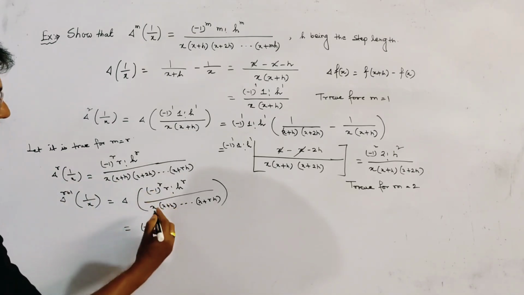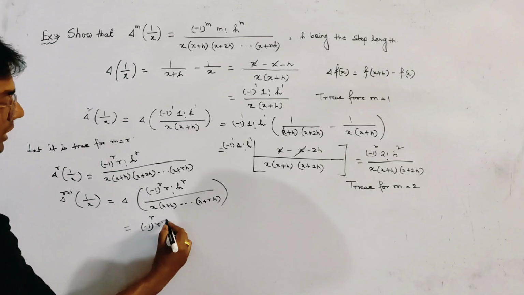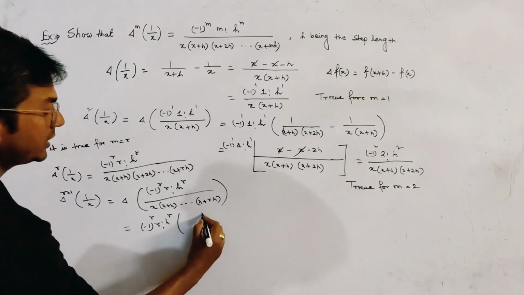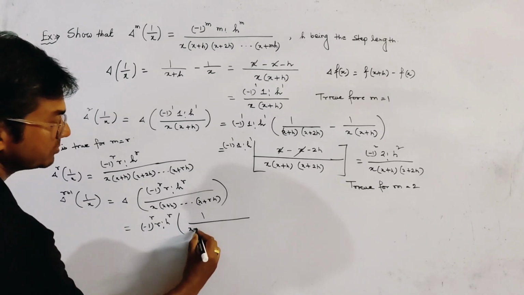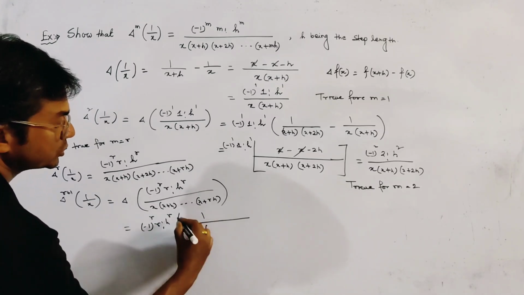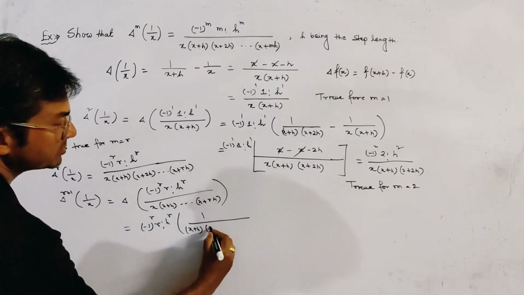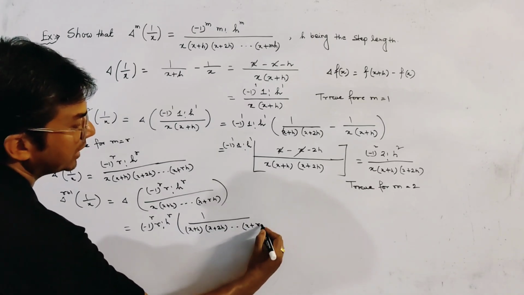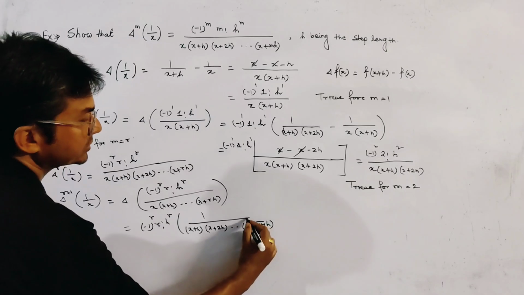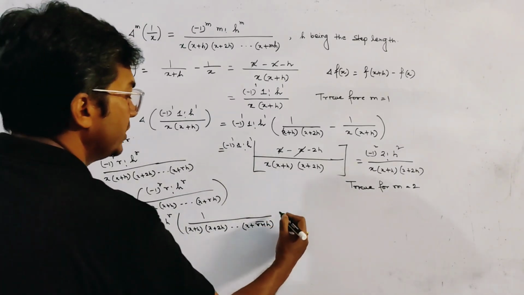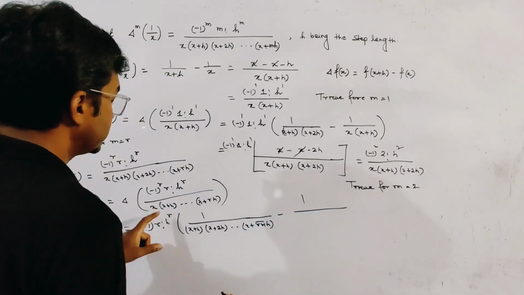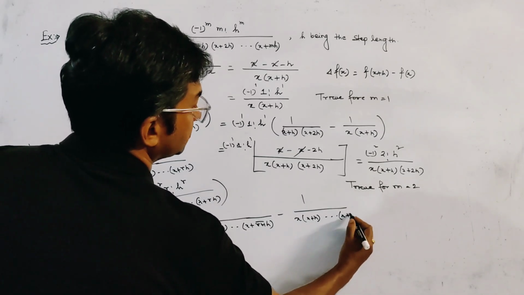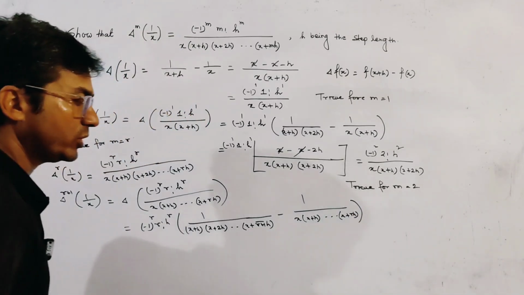We first take common this term, r factorial h to the power r, and use the definition of delta here. In the first term, x becomes x plus h, x plus h becomes x plus 2h, and similarly the last factor becomes x plus r plus 1 into h. This is the first term, and the second term remains the same: x plus h up to x plus rh.